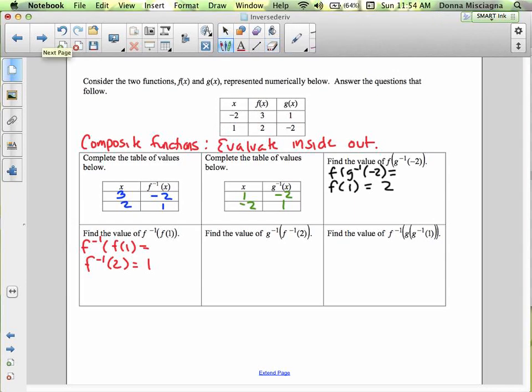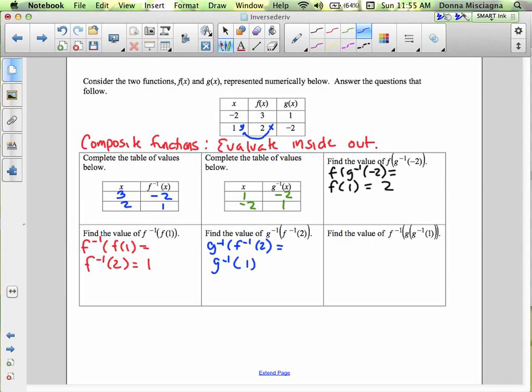We have: find the value of g inverse of f inverse of 2. So g inverse of f inverse of 2 equals, I'm plugging 2 into the inverse. This would be the x value, and this is the y value for the inverse. So that's g inverse of 1.